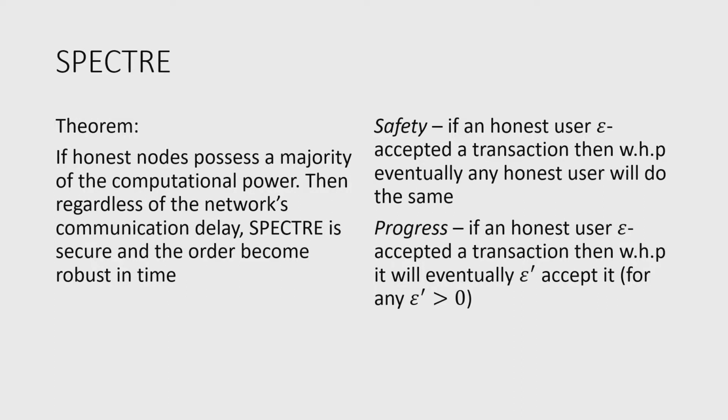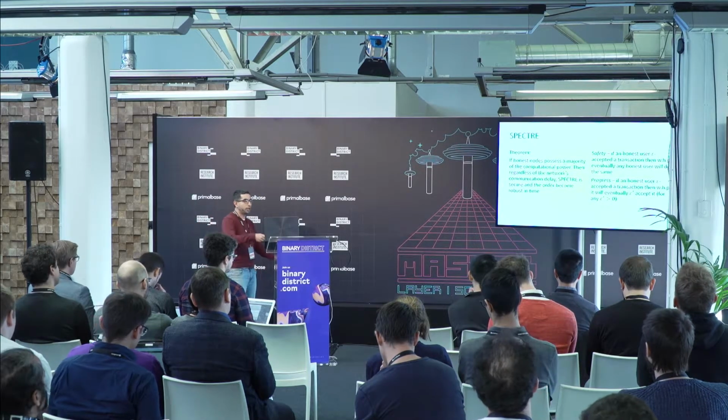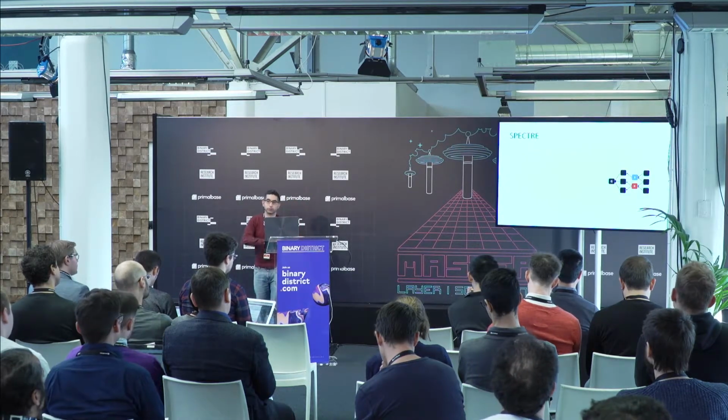And it's progressive. It means that if now I have confidence that one transaction is confirmed, as time goes on I am likely to gain more confidence about this order. So this was just, for me, the introduction about Spectre.